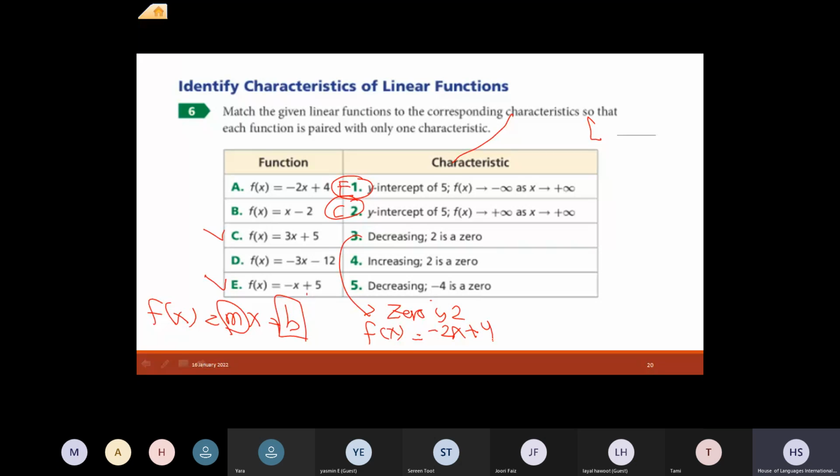So I will put 0 equals negative 2x plus 4. Then we will find x. 2x, we will move it to the other side. So 2x equals 4. So x will be what? Good job. So that means the 0 is 2 and it's decreasing. So which one? A or D? A. So 3 is A.